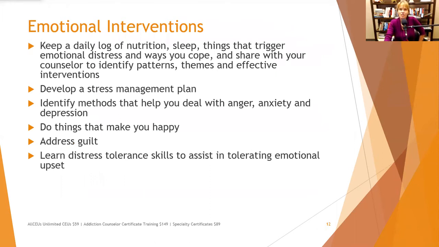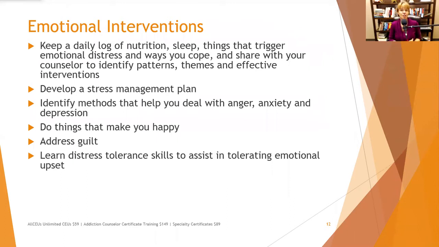Emotional interventions are not super numerous because all you're doing is addressing the feeling, but anything can help. Keep a daily log of nutrition, sleep, things that trigger your emotional distress, and ways you cope. So that's 4 things. But they're important because you might find connections between your poor nutrition or drinking too much caffeine and your emotionality, or poor sleep and your emotionality.